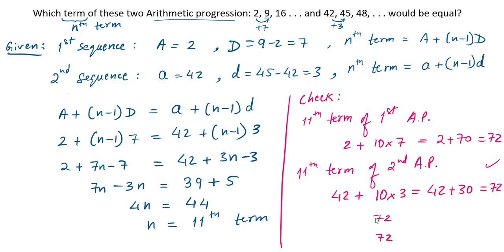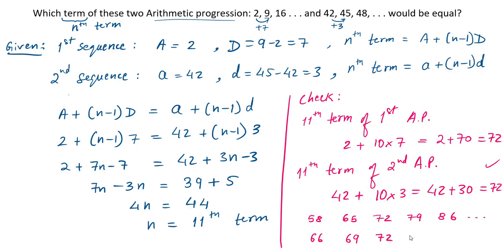If you want to check how it will look, in the first sequence we found 72, and in the second sequence we are finding 72. In the first sequence it's changing by 7, so the previous was 65 and before that it might be 58, right? But for the second sequence it's changing by 3. So 72 minus 3 is 69, minus 3 is 66, right? They are different. We can do the other side as well. So 72 plus 7 is 79, 86, and so on.